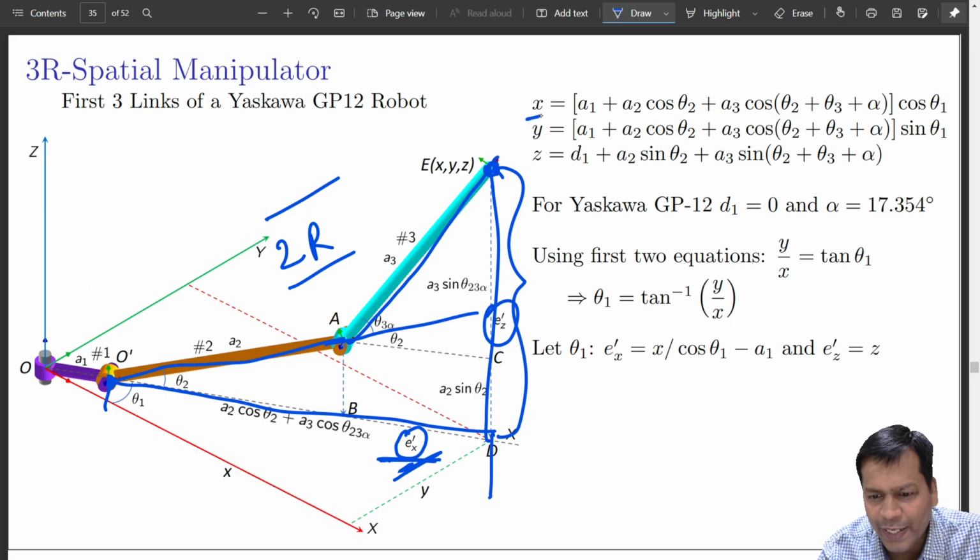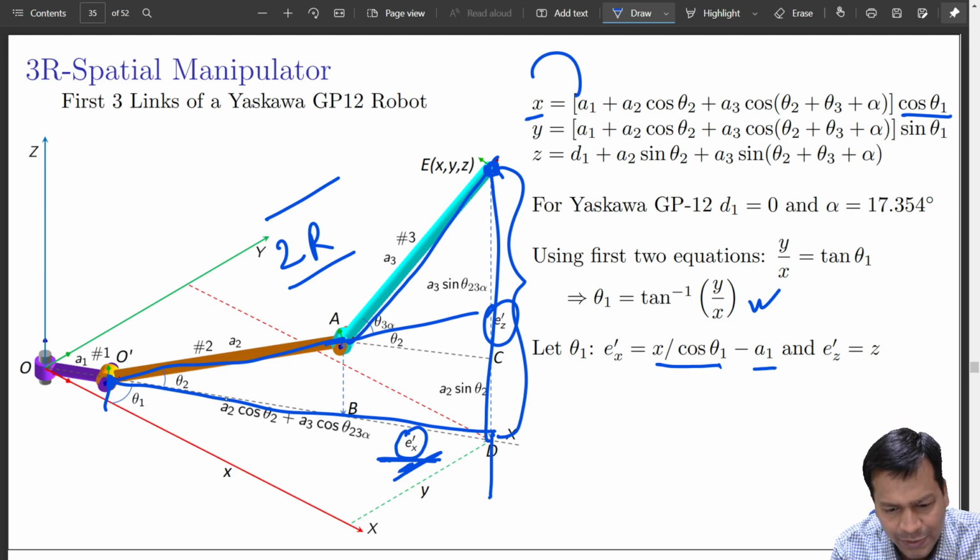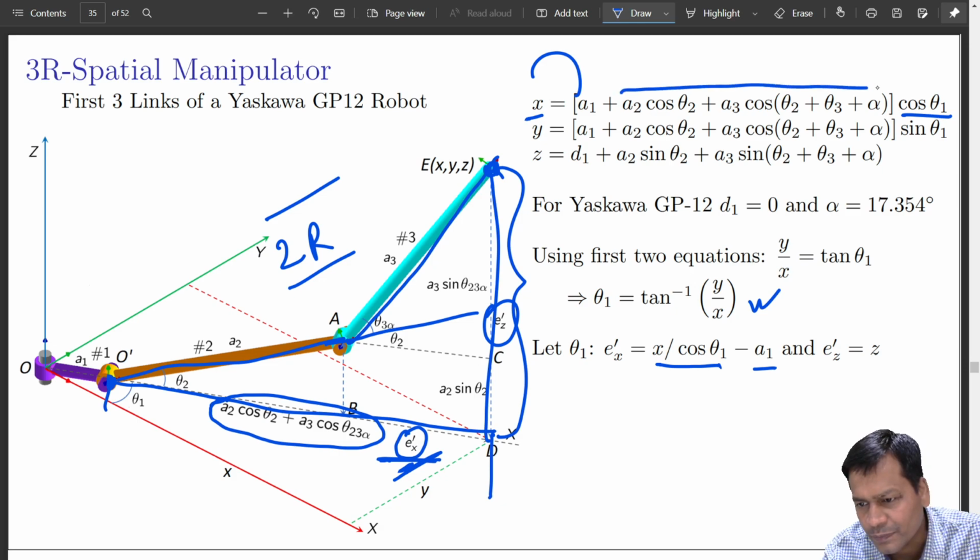It is simply x by cos theta 1. Cos theta 1 is known now. So x by cos theta 1 minus a1, minus a1 is this, clear? So that is your Ex dash. Done. First part is done.